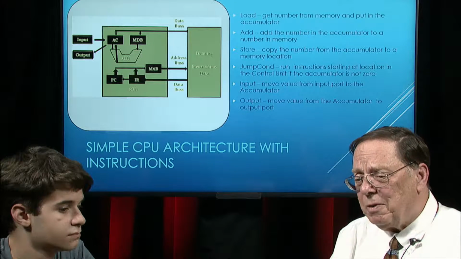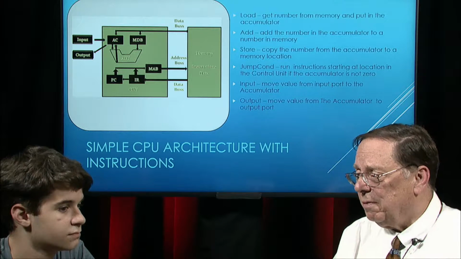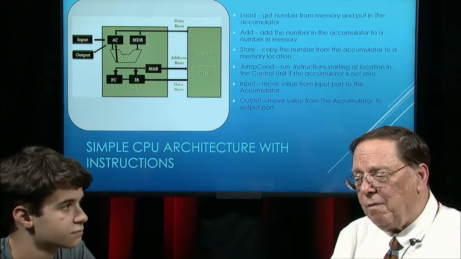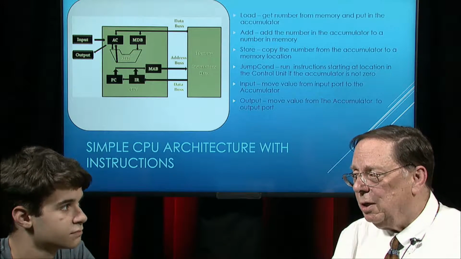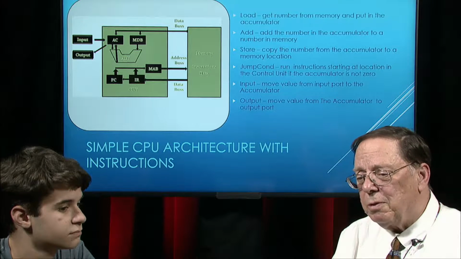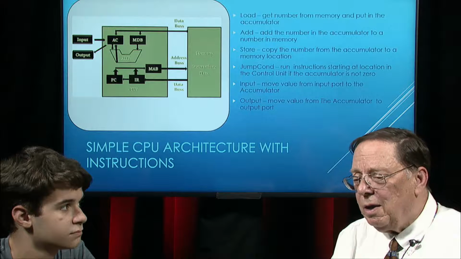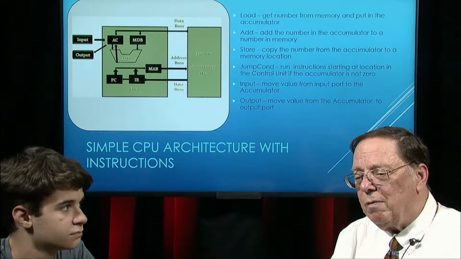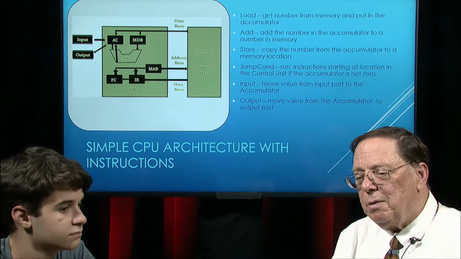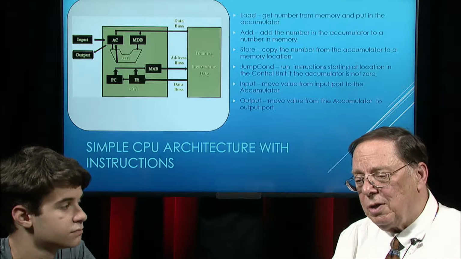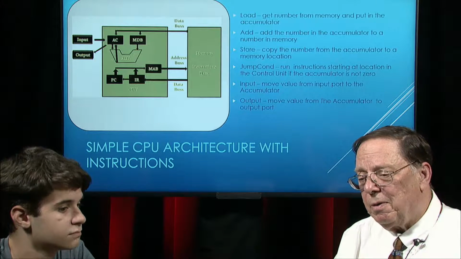An i7 will have hundreds and hundreds of instructions, and that makes for a very complicated machine language and to try to understand what's going on inside the processor. In this case, I've designed it very simply to have only 4 instructions to make it easier to understand what's going on inside the computer.